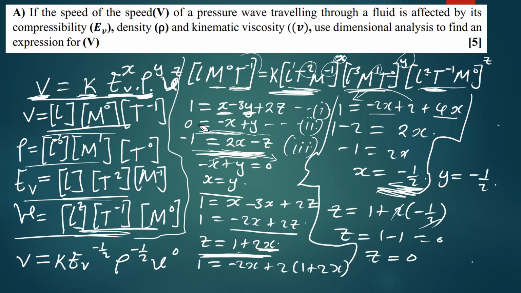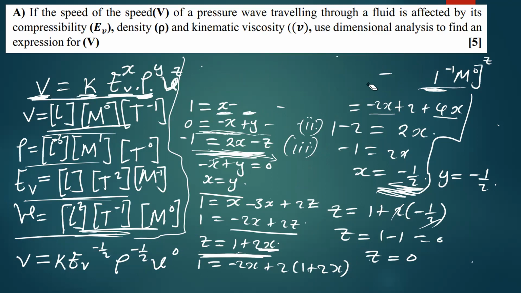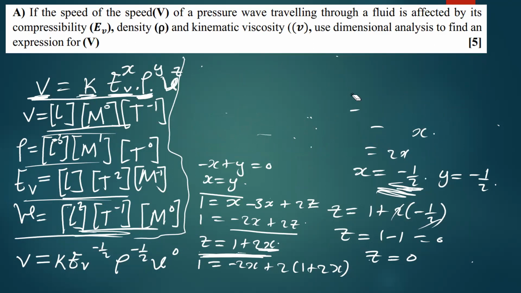So now the final answer, which is the formula they were asking us to find, will be V is equal to, we know there's K there, and then anything raised to the power half is just the same as the square root of that thing.